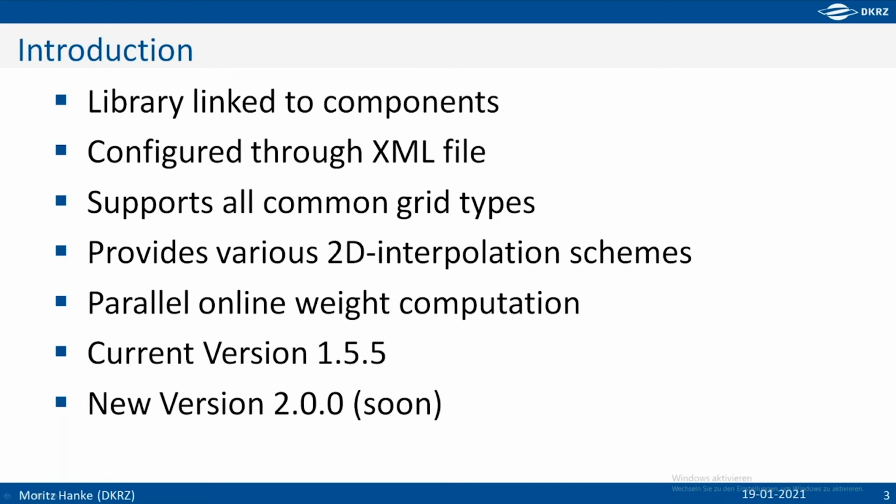It contains various 2D interpolation methods, and all these methods support the computation of the weights online and in parallel. That means for your run, you don't need to provide any weight files or anything, because the computation of the weights is so performant that it doesn't have any significant impact on the overall runtime.